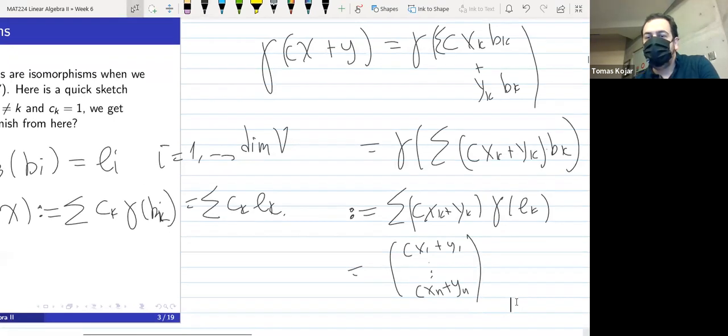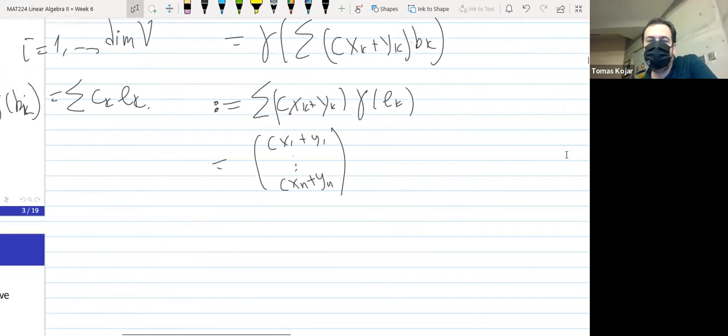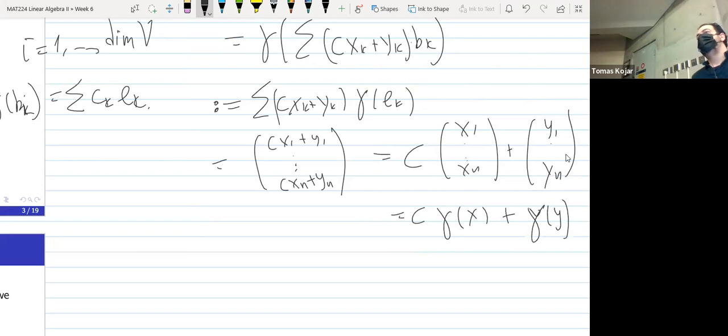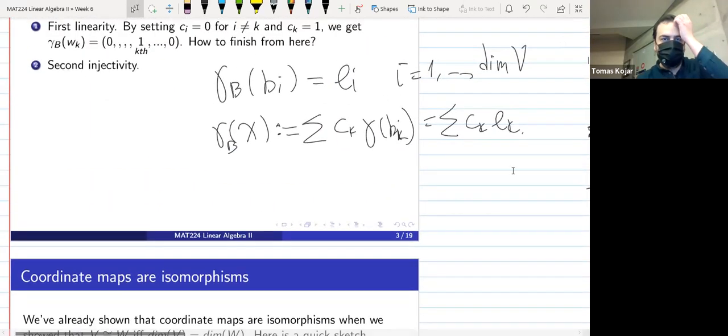And you use vector component addition. So then this splits into cx1 through cxn plus y1 through yn, and then you undo everything. So you get c gamma of x plus gamma of y. Okay. Questions? All right. So that's why you have linearity.